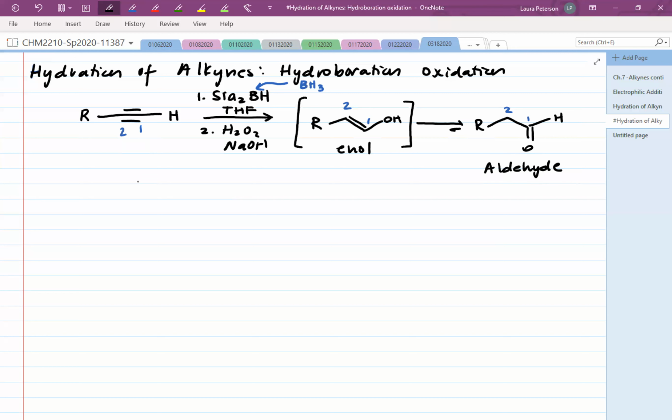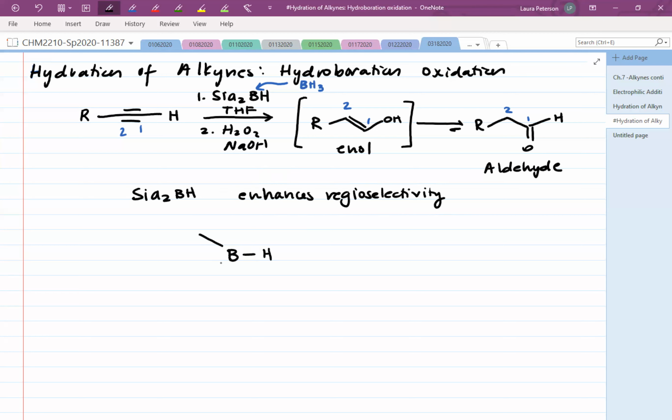Okay, so let me define that reagent. The reason why we use this reagent is because it enhances the regiochemistry or regioselectivity for anti-Markovnikov addition. So let me give you its structure. There's a BH bond.